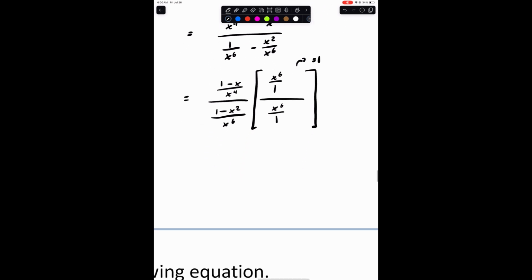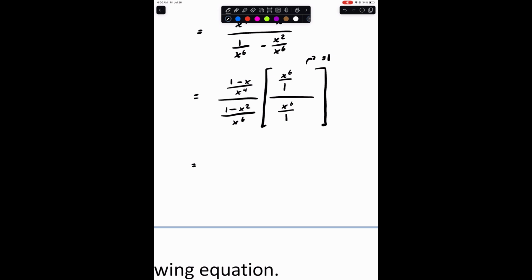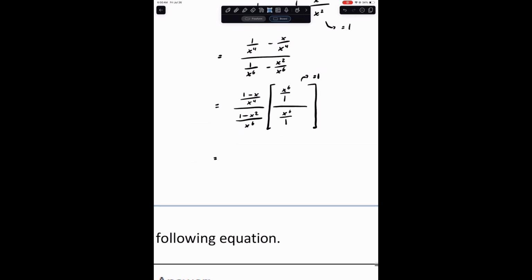So when I solve this, I get 1 minus x, times x to the 6 over x to the 4. 1 minus x times x to the 6, parentheses, over x to the 4, over 1 minus x squared times x to the 6 over x to the 6.